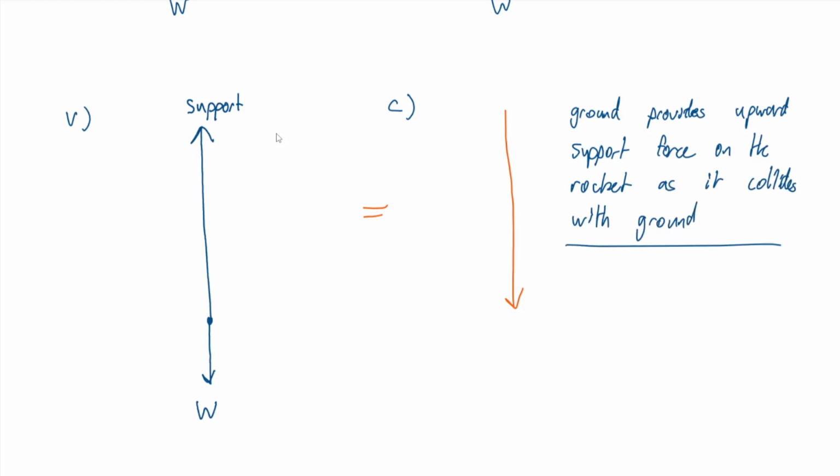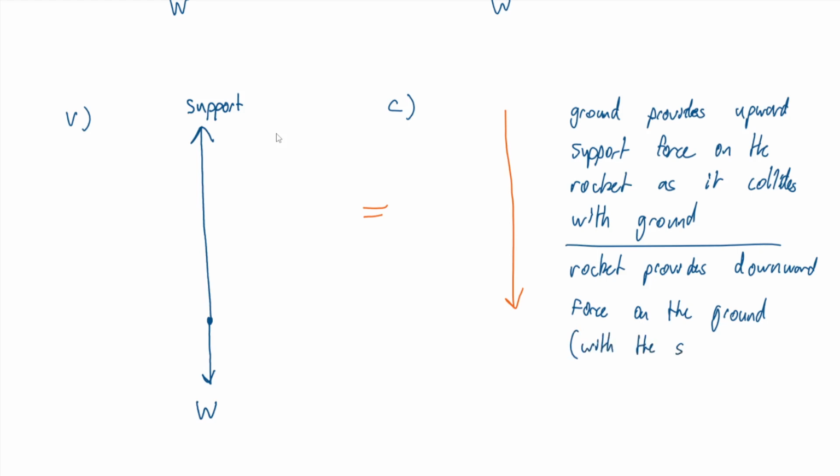Similarly, the rocket provides, in this case, downwards force on the ground, and I'll put in brackets with the same magnitude.